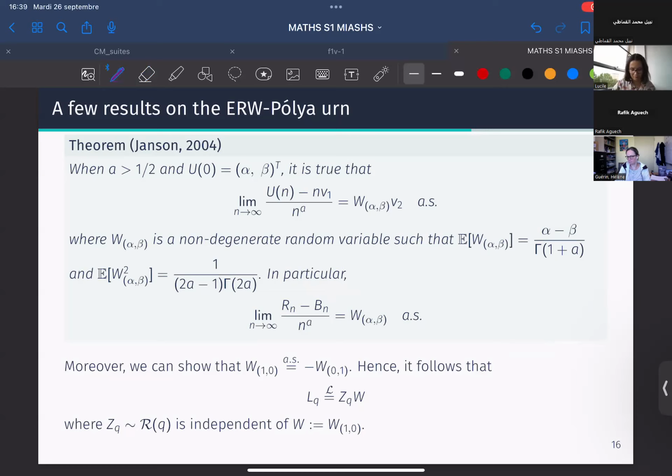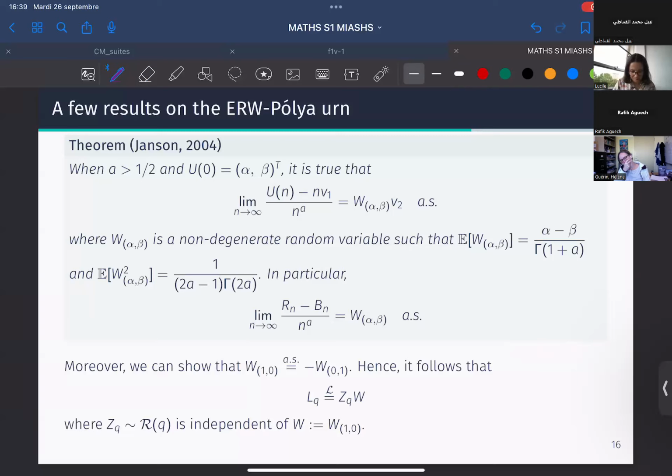Why can we show that? Because the colors are just fictive, they are exchangeable. So I could say that this is Bn and this is Rn, and then everything is exchanged, and we find that this converges to the same thing. So that's how you can show that.